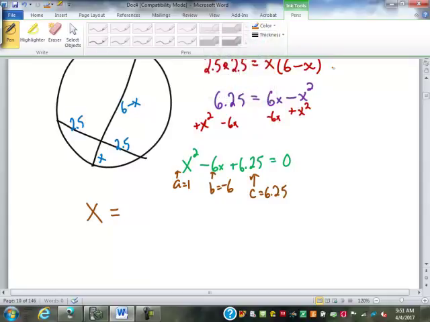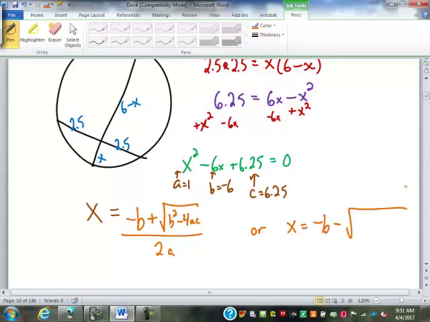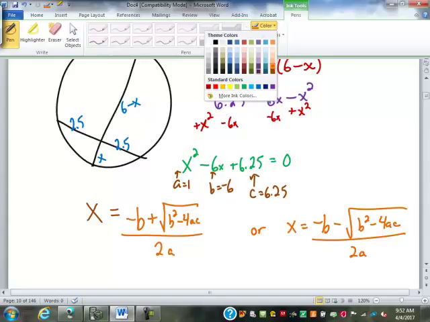The value of x is equal to the opposite of b plus the square root of b squared minus 4ac over 2a. Or x is equal to the opposite of b minus the square root of b squared minus 4ac all over 2a.